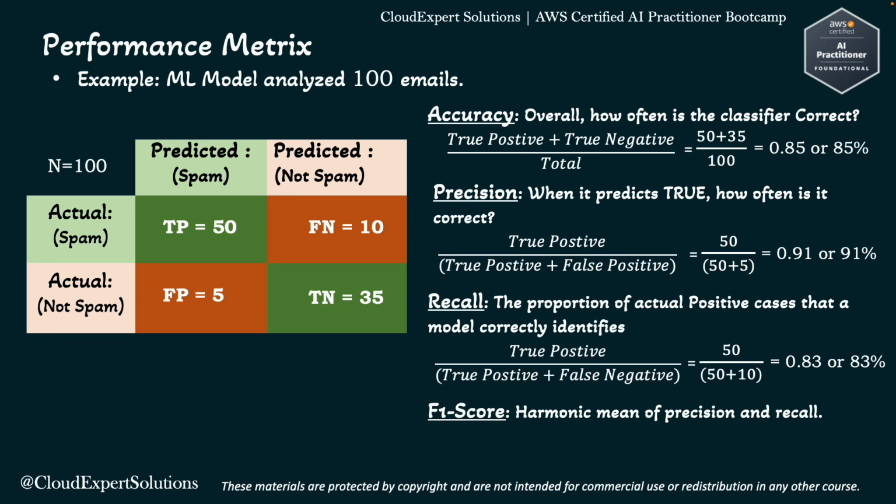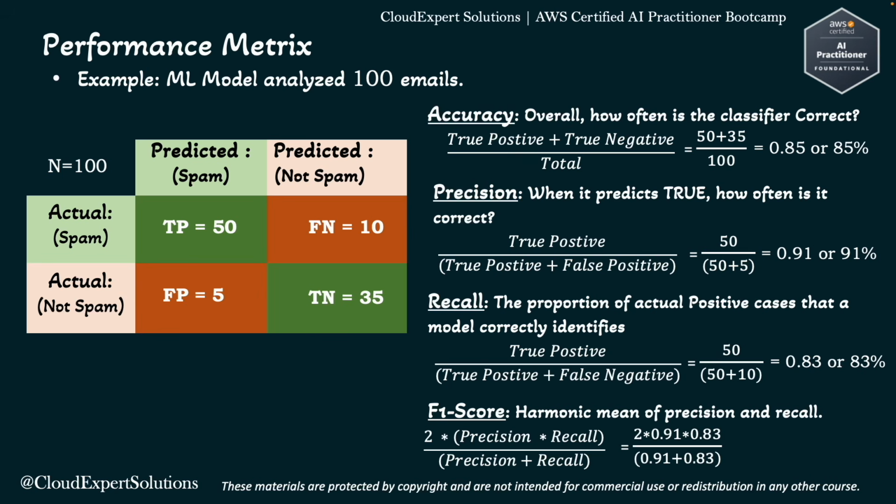F1 score is the harmonic mean of precision and recall. It provides a single metric that balances both precision and recall. Since this is a harmonic mean, the formula is 2 times precision into recall over precision plus recall.